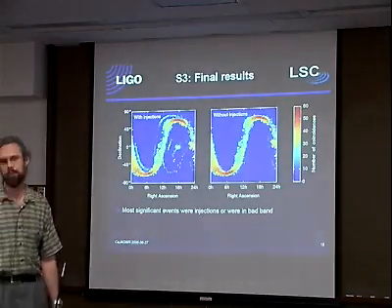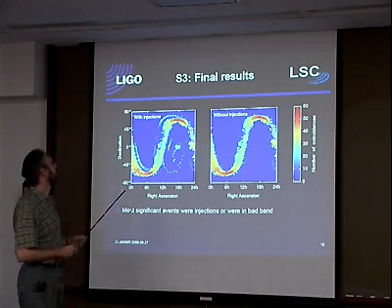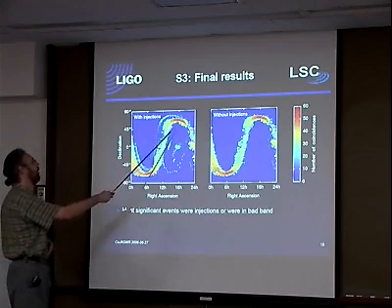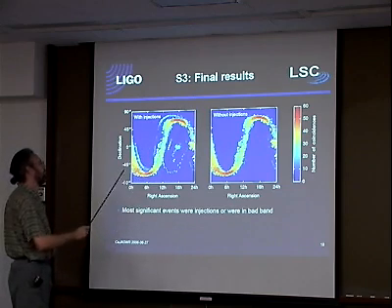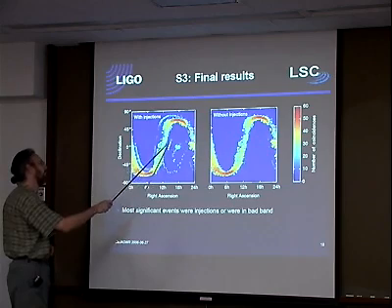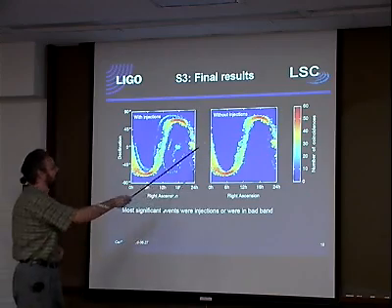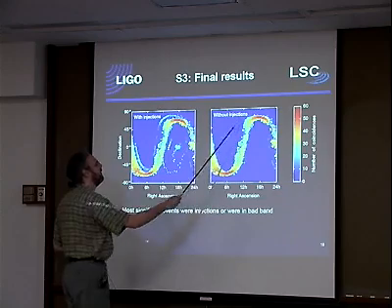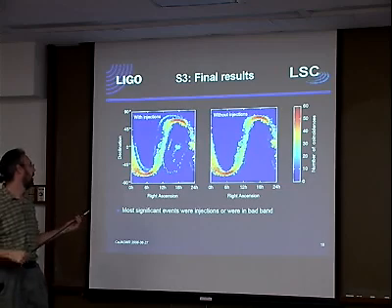So, given those issues, here are the final results from S3. With the various injections, we have the band of artifacts plus particular artifacts that we threw in ourselves. Without injections, it looks a lot cleaner. We just have basically this band of instrumental artifacts in the sky.